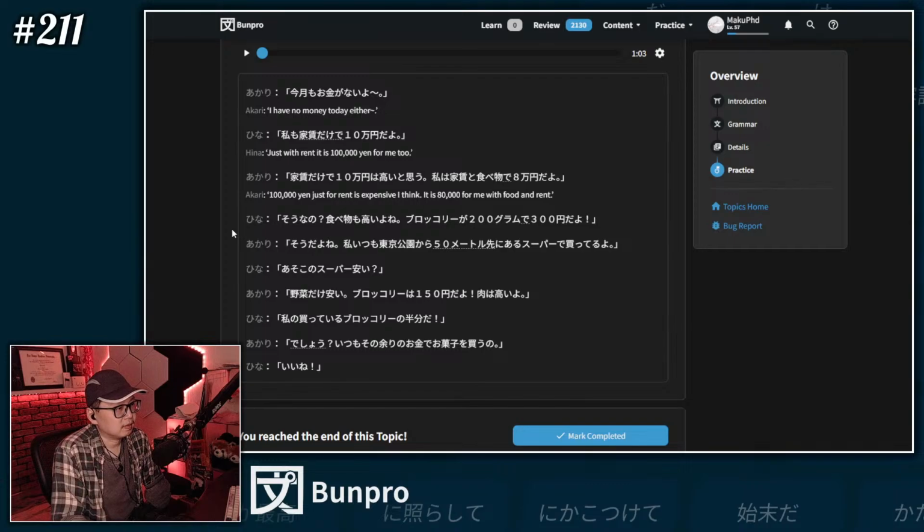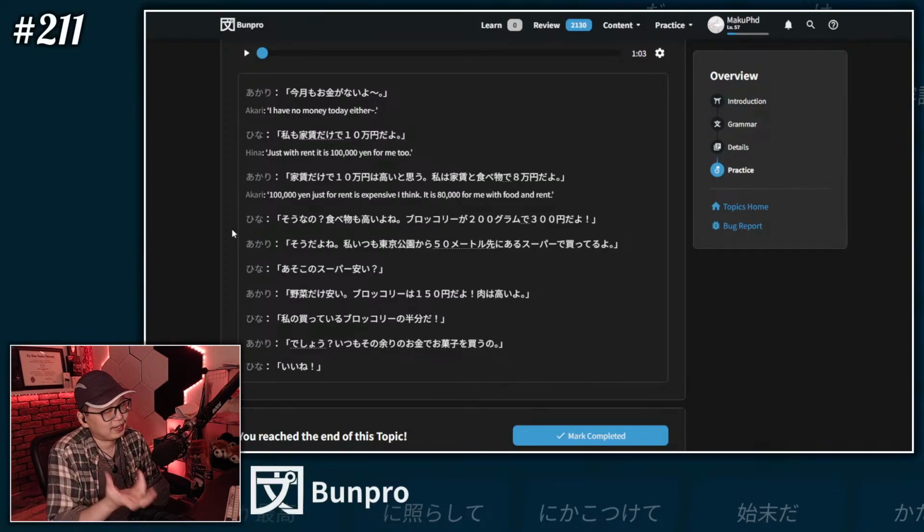In the convenience store, broccoli is 300 yen for every 200 grams, which I have no idea.